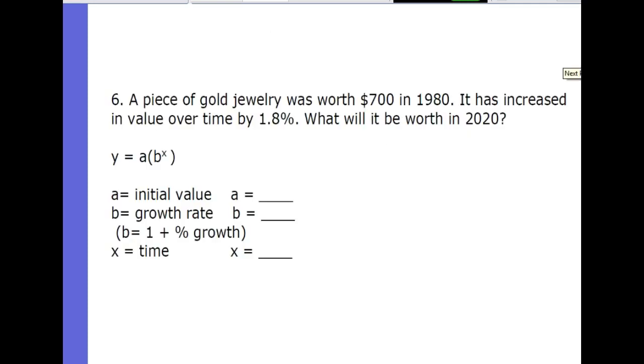The last problem is like the problems that were on the salmon colored paper, so you don't forget how to do those. So is this particular problem a growth problem, growth or decay? How much did the jewelry start out?